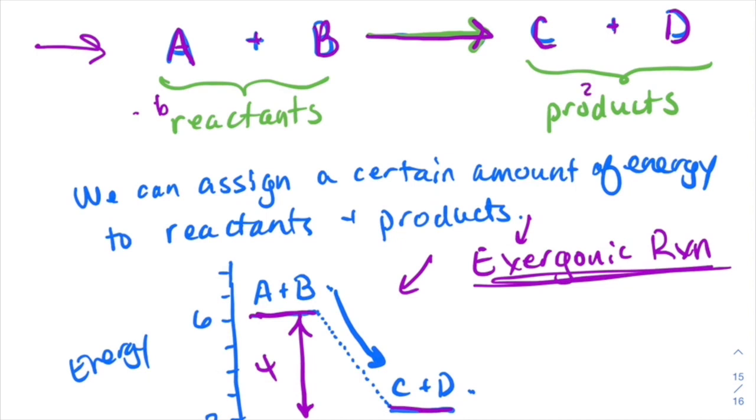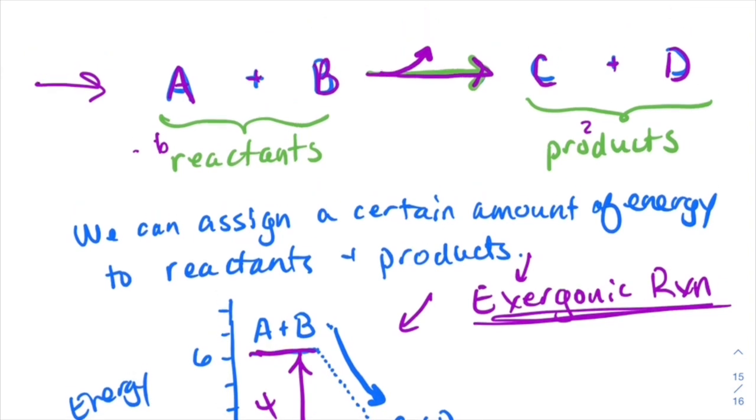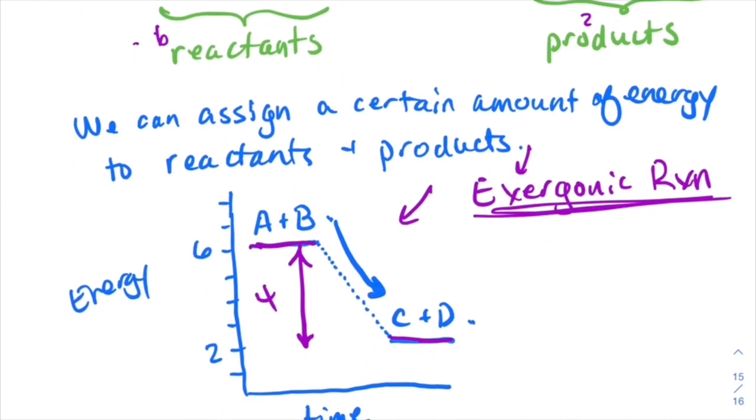I would probably just write it this way. I would draw a small arrow coming out of the main arrow, and I know you've seen this before in class, and I would just write the word energy. Energy comes out of that reaction. An exergonic reaction releases energy.